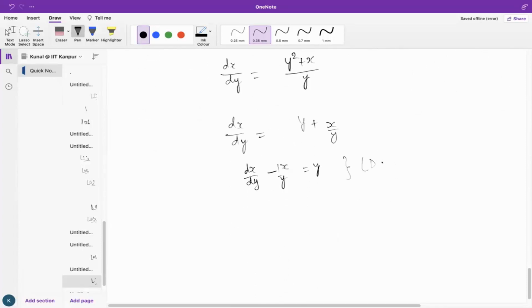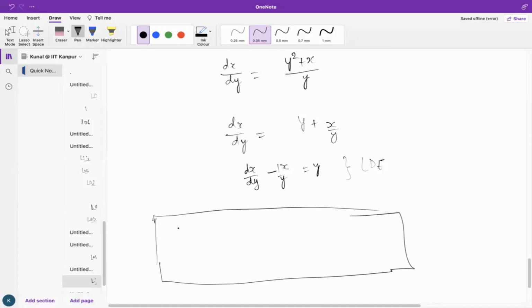Why am I saying this is a linear differential equation? Because we all know that a linear differential equation looks like this. Either it is written in the form dy by dx plus P as a function of x times y is equal to Q as a function of x, or dx by dy plus P as a function of y times x is equal to Q as a function of y.